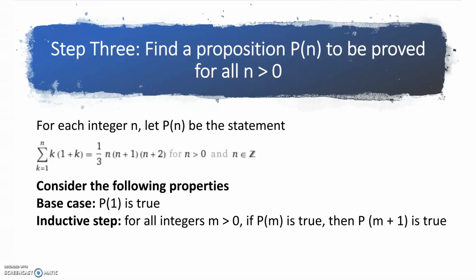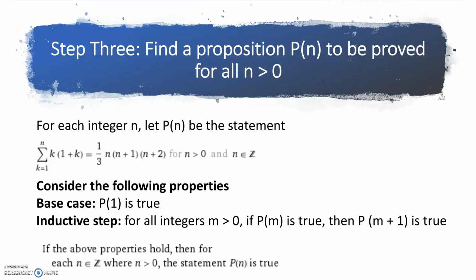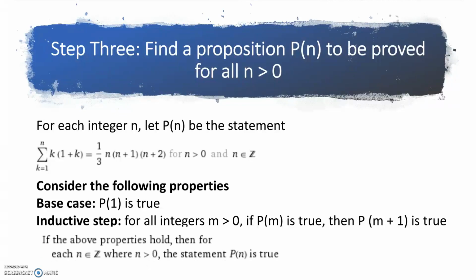After we prove that P1 is true, we can consider the inductive step. That means for all integers m larger than 0, if Pm is true, then Pm plus 1 is also true. If the above properties are true, then for each n larger than 0, the statement Pn is true.